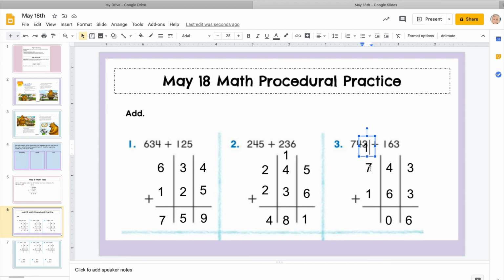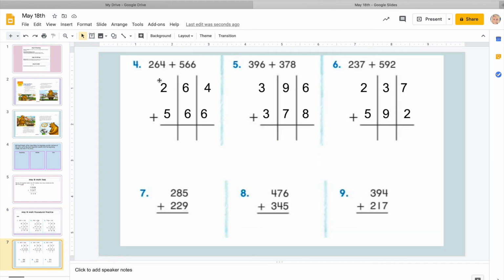We have 1 plus 7. 1 plus 7 is 8, and 8 plus 1 is 9. So we know the sum of 743 plus 163 is 906.